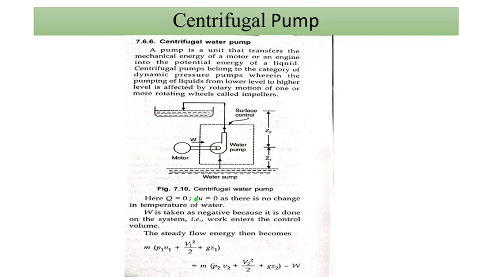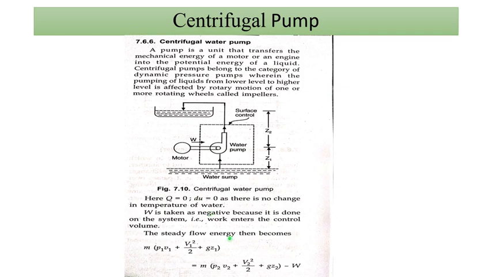But the quantity H is not used here because we know that H is equal to U plus PV. U is 0, but PV is not 0 here, so we'll write the equation accordingly. Also, the work is done by the surroundings on the system, so it will be negative.